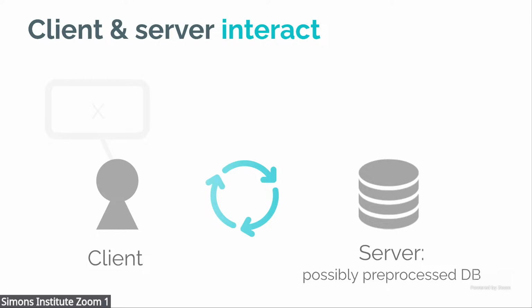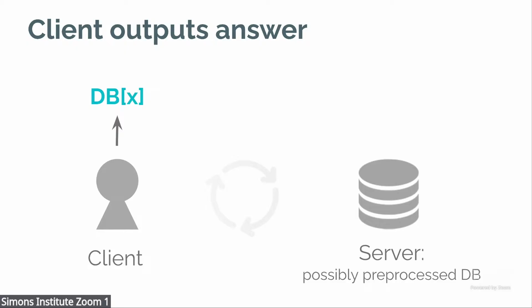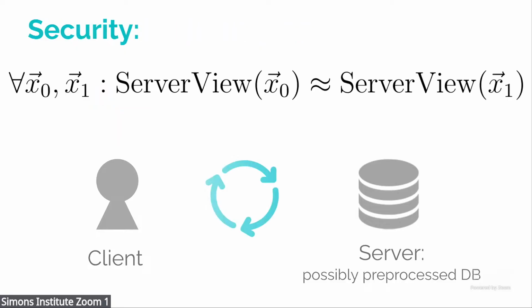and then they engage in some kind of interactive protocol. And at the end of the protocol, the client can produce the answer. The security we want to guarantee is analogous to encryption. It's kind of like we want to encrypt the access patterns. Or more formally, imagine we have two address sequences of the same length, x0 and x1.